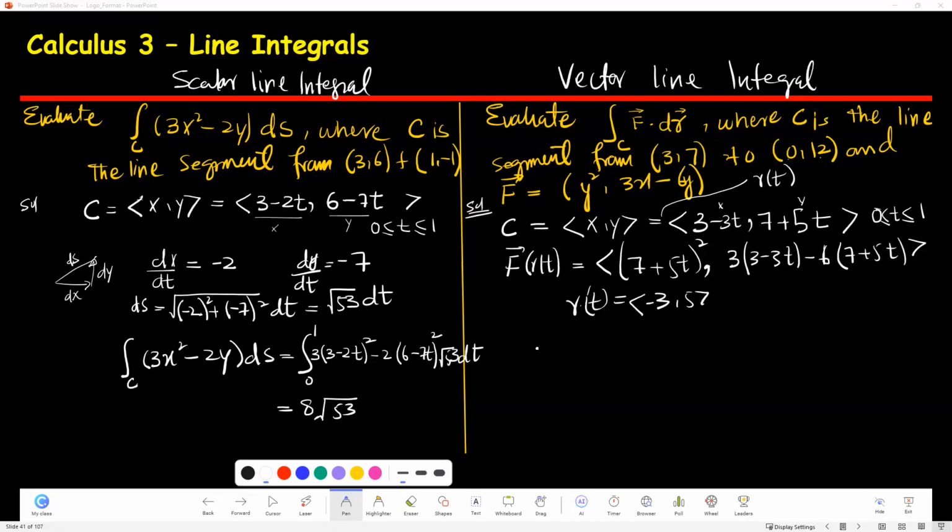Then I'm going to take the integral just like the other one, writing my function f(r(t)) dot r prime as my integral dt, and I'm going to convert this one. From here, if I just substitute the values, it's going to look like this: 3 times 7 plus 5t squared, then 5, and it's going to be 33.